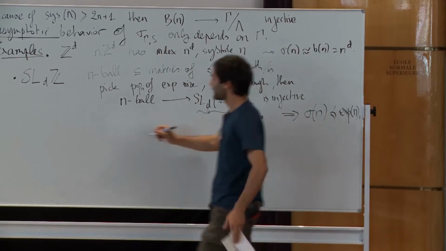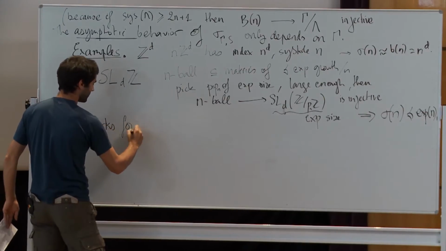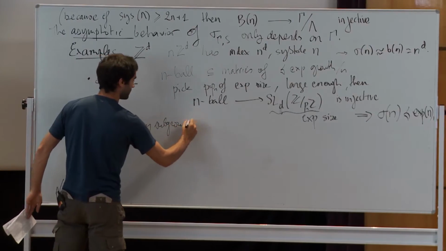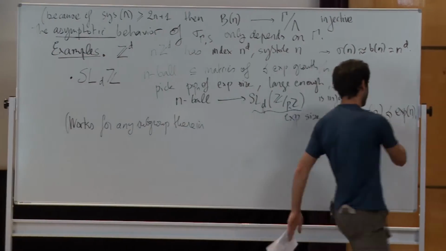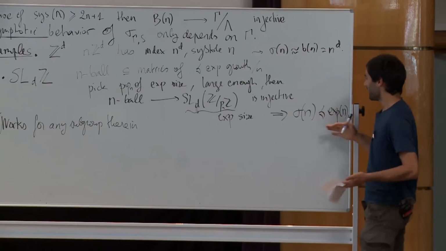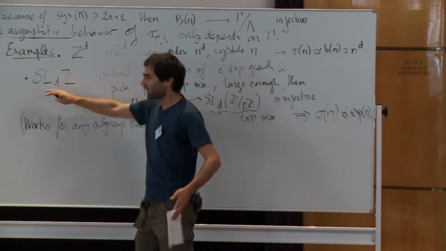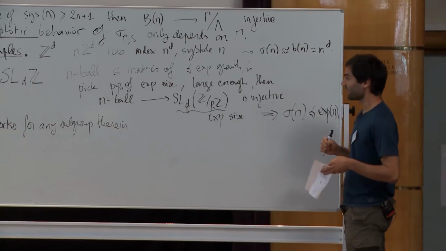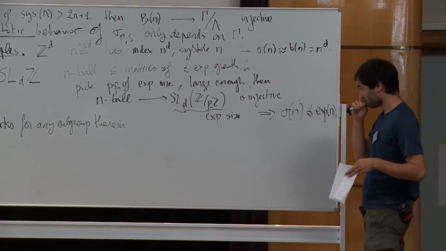And actually, it works for any subgroup therein. Not only SL_d(Z), it gives an exponential bound, and as you know, for most subgroups here, the growth is exactly exponential, and this gives some exponential behavior.